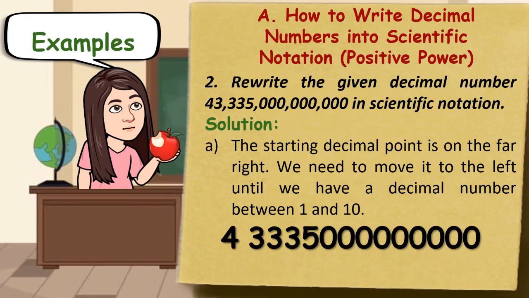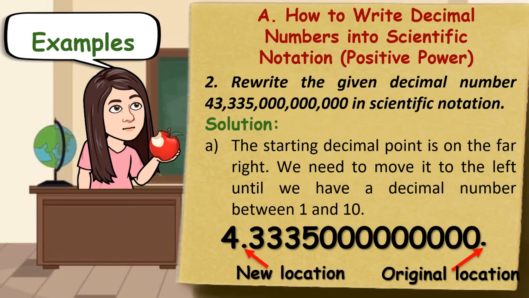Since 43,335,000,000,000 is a whole number, the original location of the decimal point is on the far right. And to have a number part or coefficient that is greater than or equal to 1 but less than 10, we will move the decimal point towards the left, that is between 4 and 3, to obtain 4.3335.